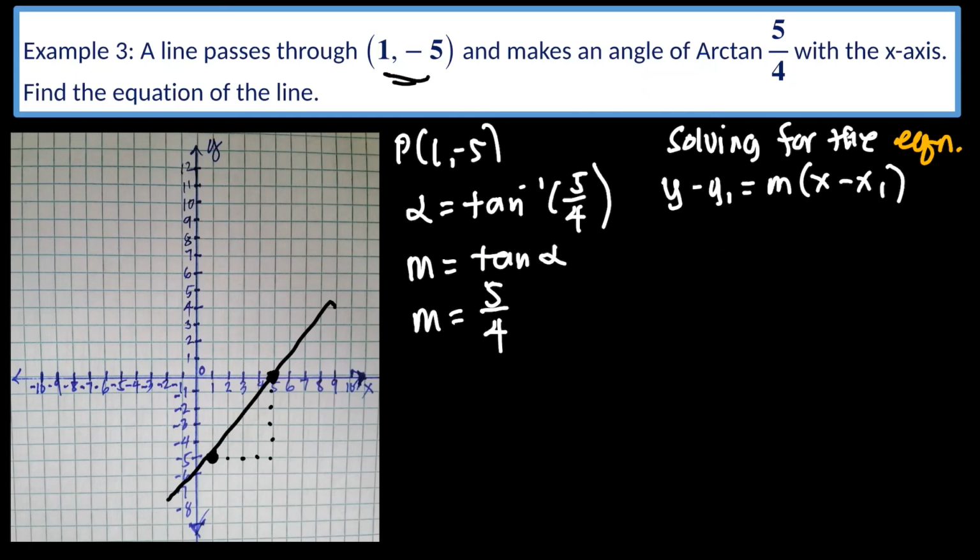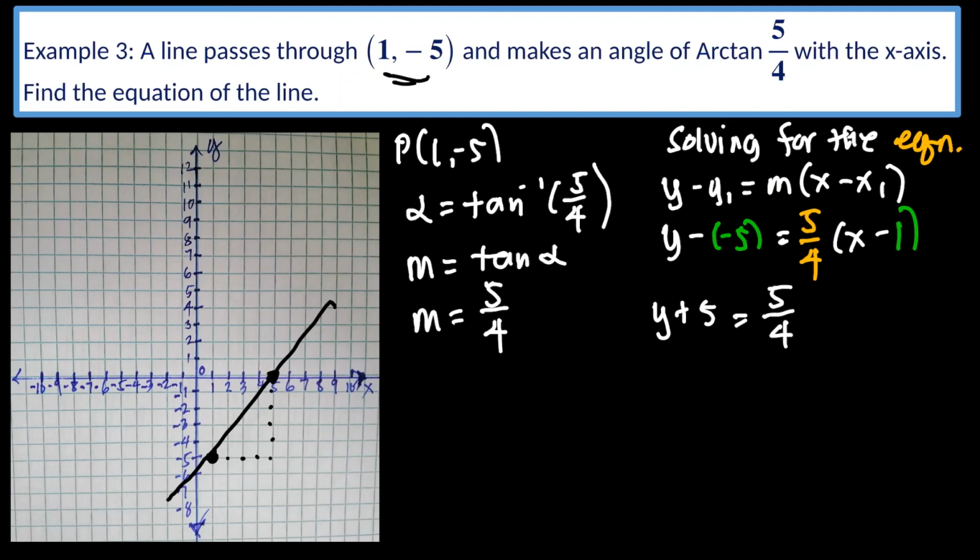And we are given the y sub 1, which is negative 5. So y minus negative 5 equals, the slope is also given, which is 5/4, times x minus x sub 1, which is 1. So x minus 1. So we can write this as y plus 5 equals 5/4 times x minus 1.